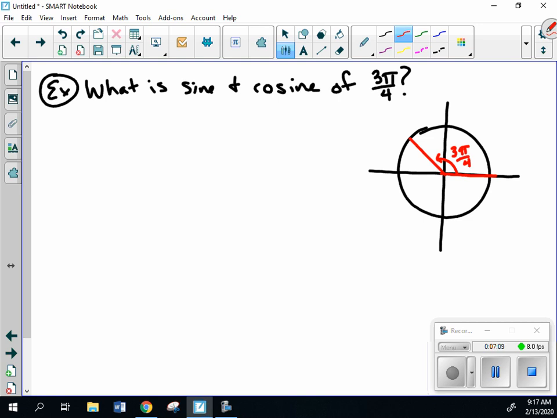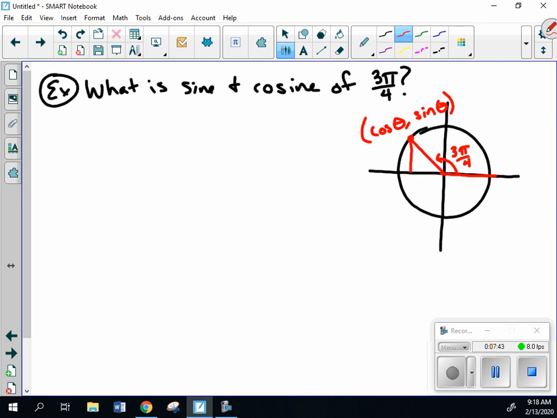Looking at that, something to talk about here is we're supposed to find our values for sine and cosine. What that means, based on the unit circle, is this coordinate, which we know is x comma y, is going to be in the form of cosine theta comma sine theta.